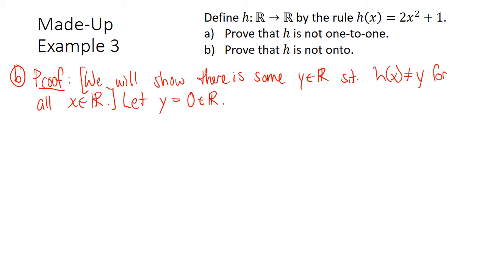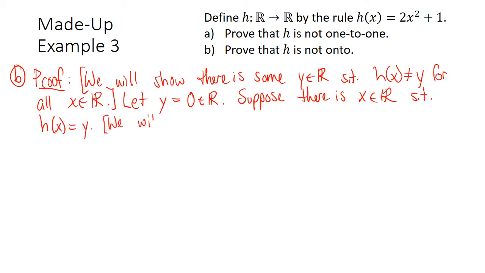And then what I'm going to do is suppose there is x in the domain, which is the real numbers, such that h of x equals y, and then we will show this leads to a contradiction.